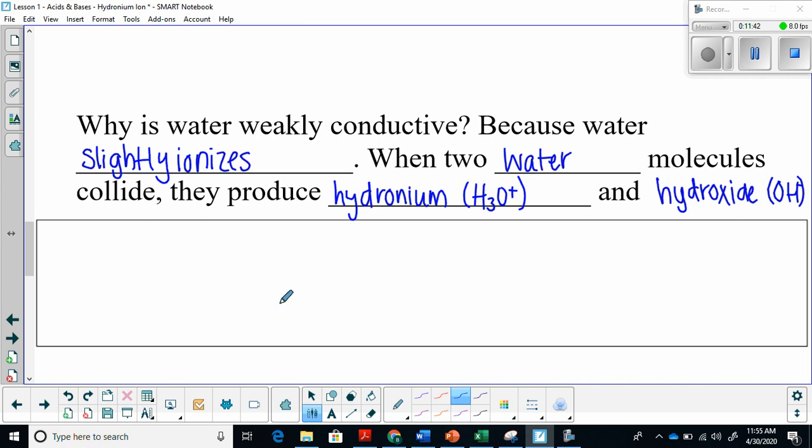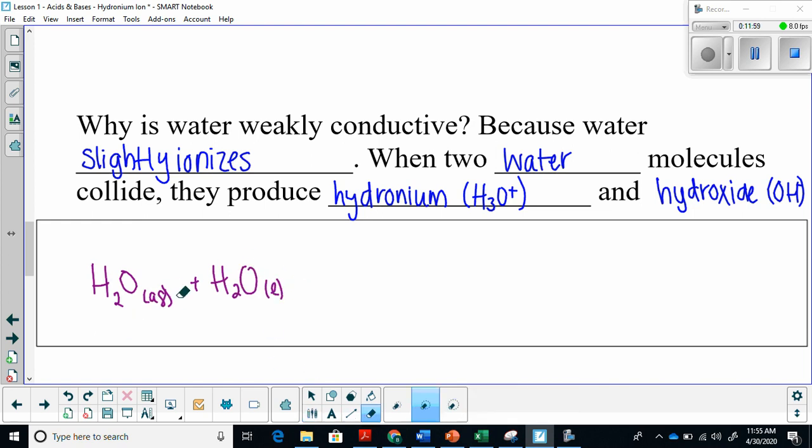So here's what happens. Let's use some different colors here. We have two molecules of water. They're reacting with each other. Oh, water is not aqueous, water is liquid. So when they collide with each other, one of the hydrogens gets transferred to one of the molecules of water, okay?